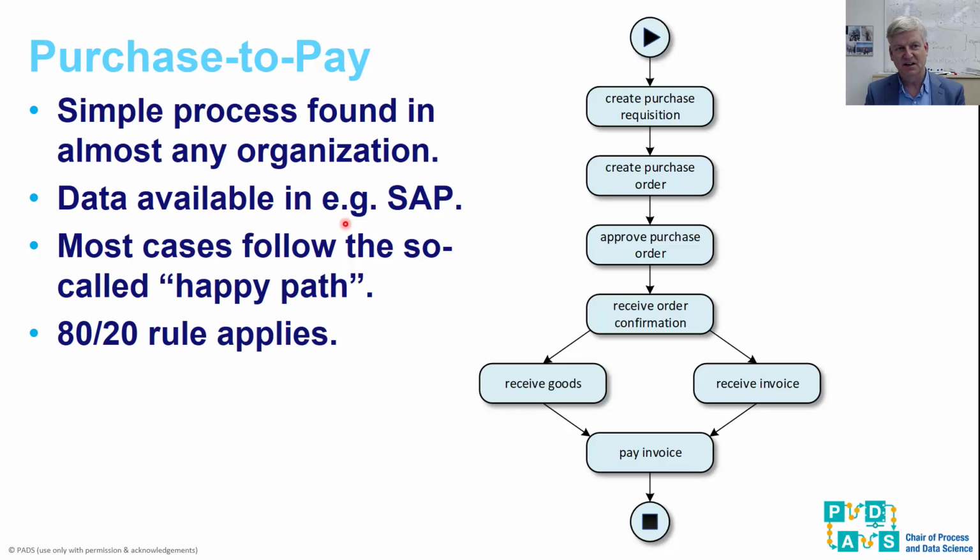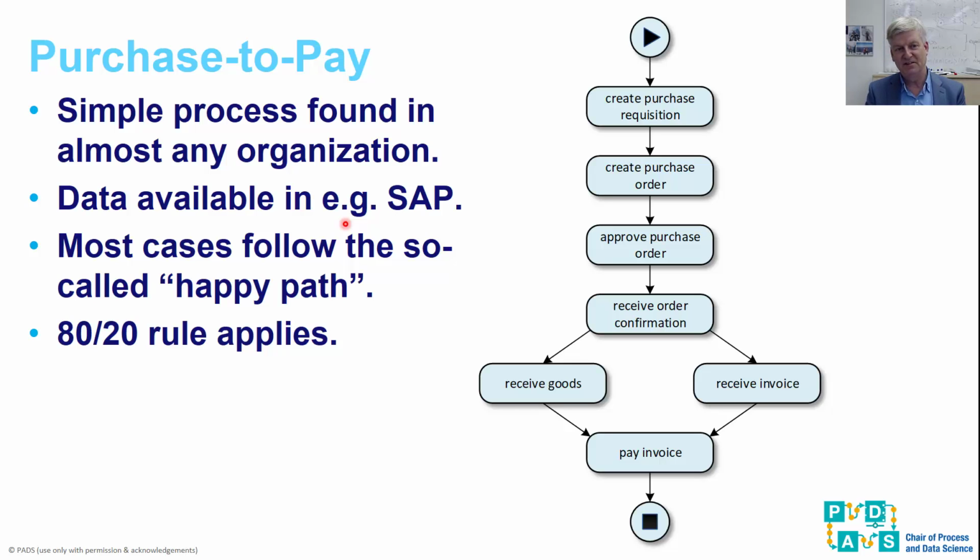Okay, let's take a look at a more realistic scenario. The data that I showed so far was highly synthetic and simplified. Here I'm looking at a typical case that any organization has, the so-called purchase to pay process. If organizations are using SAP, this is handled by SAP, but there are many other systems that organizations use to handle this.